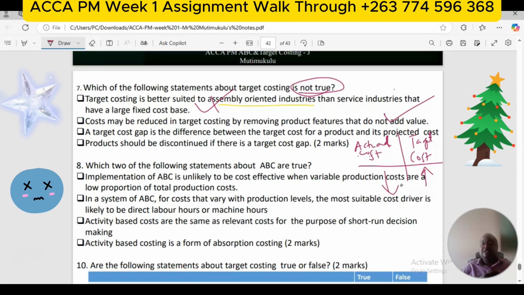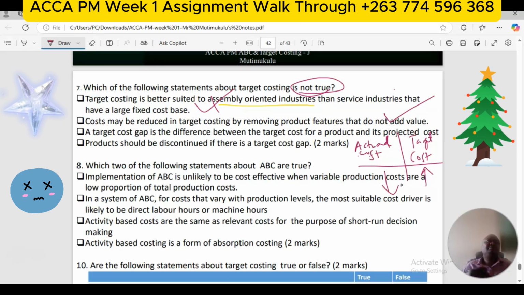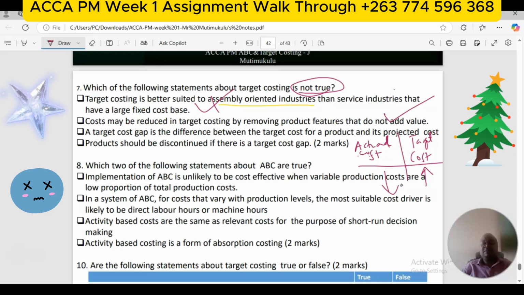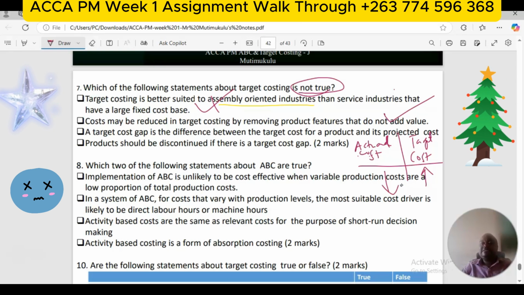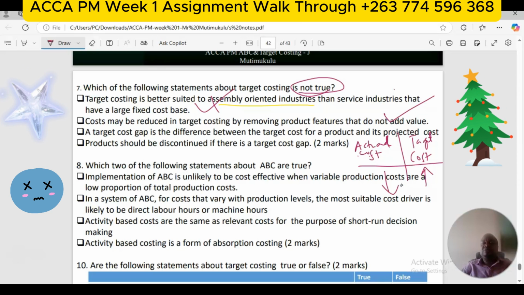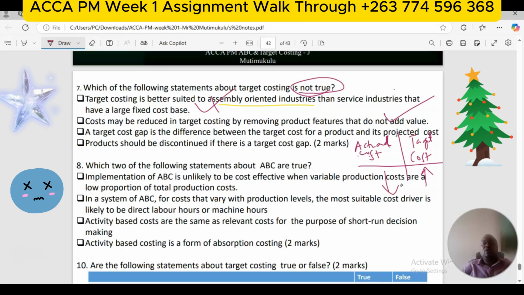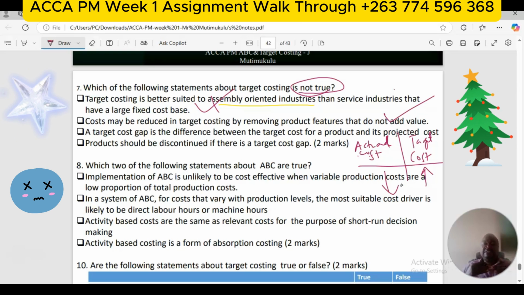All right, this is when the actual cost exceeds the target cost. We then have to ensure that we bring that to the target cost and we will be fine. Right? So, in essence, we are simply saying that management only takes action when the actual cost exceeds the target cost.